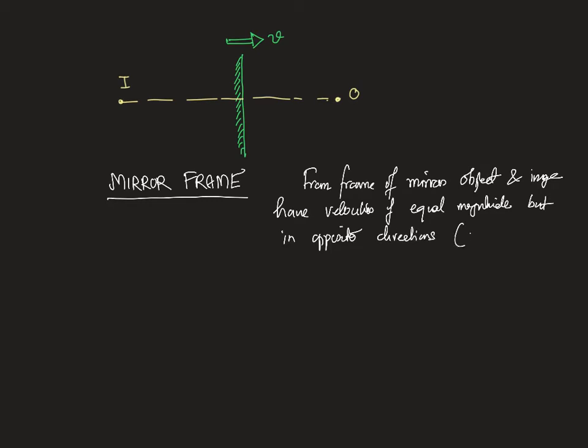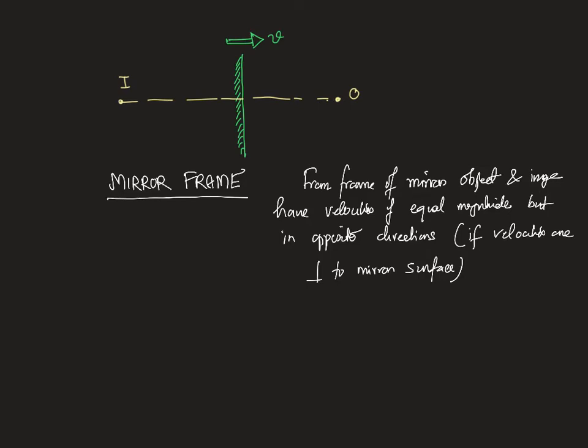I mean, that holds if the velocities are perpendicular to the mirror surface. If they are parallel to the mirror surface, then not. If you jump up, your image will not jump down. It will not be inverted. But if you go towards the mirror, your image will also come towards it, in the opposite direction.